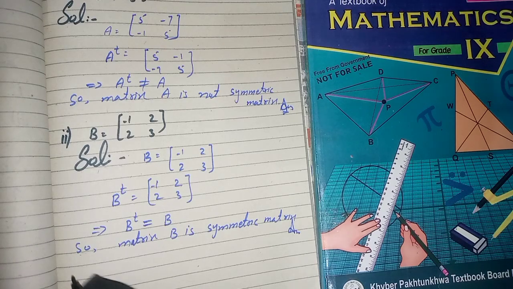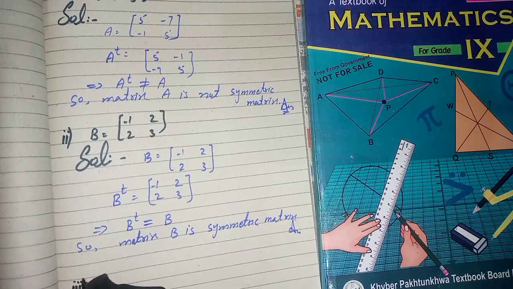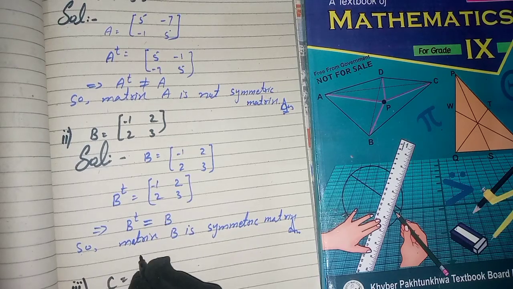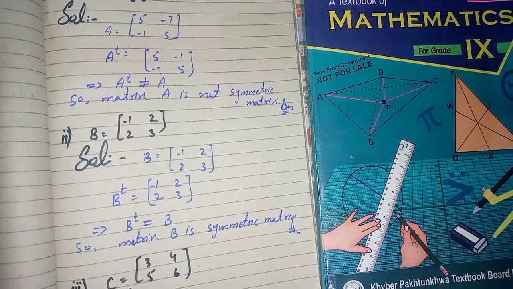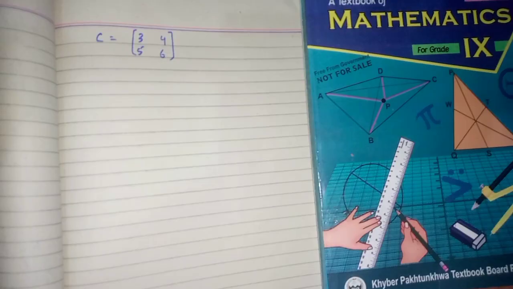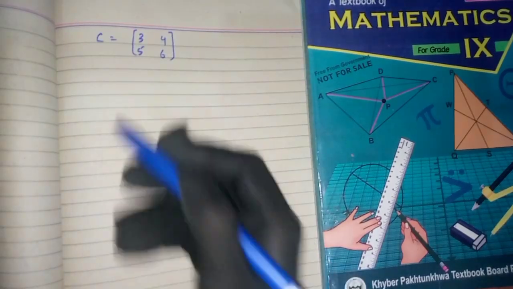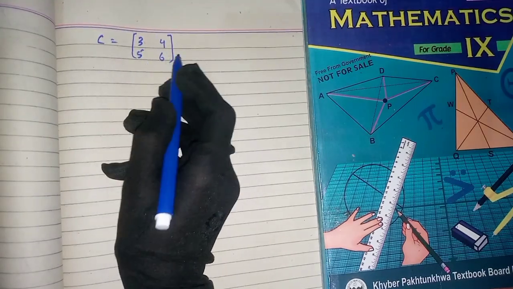Now we solve part 3. C equal to 3, 4, 5, 6.